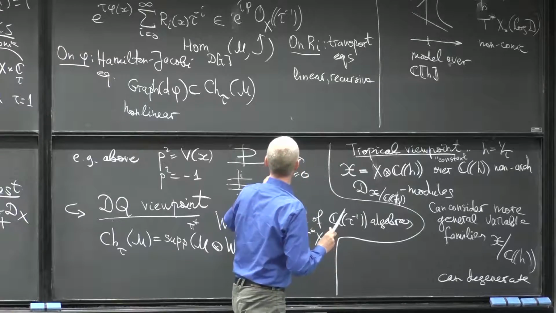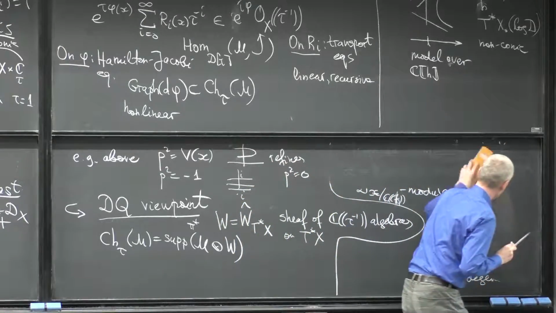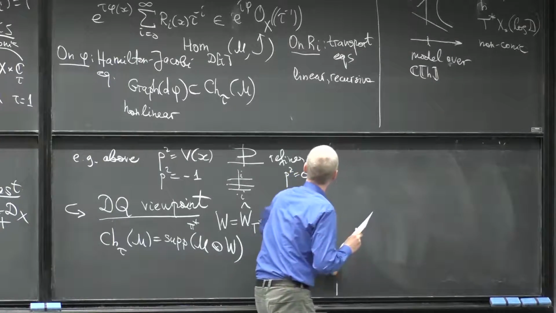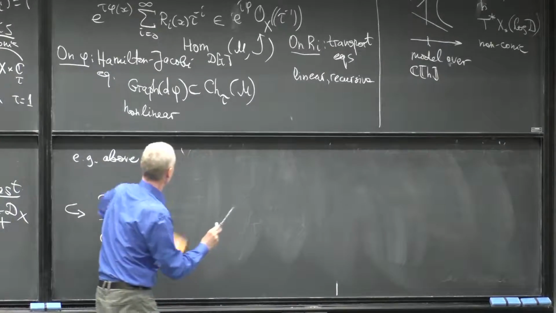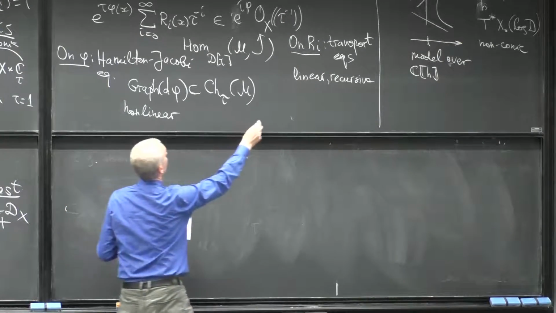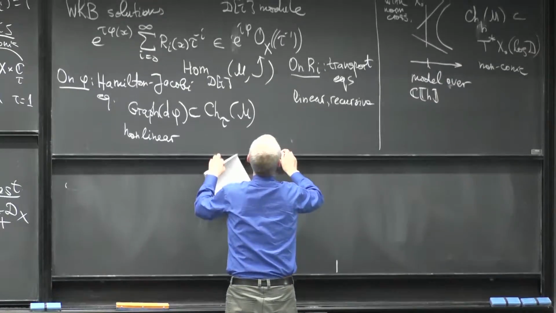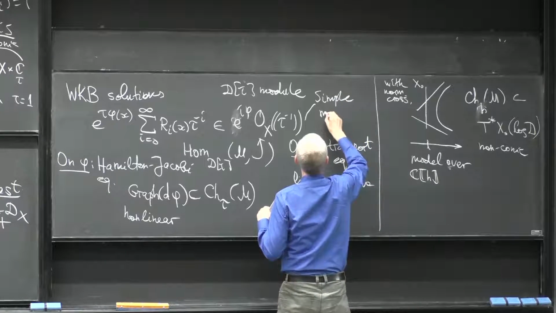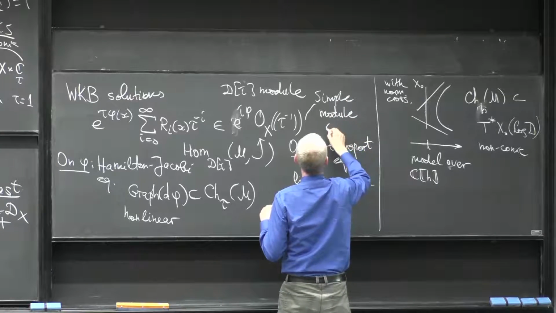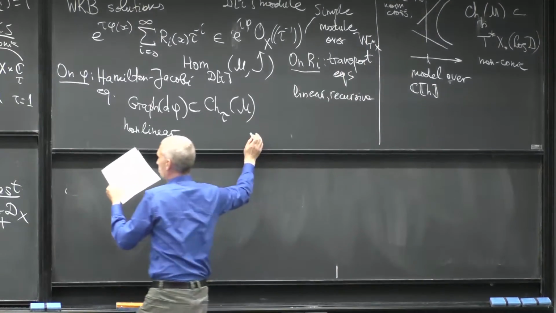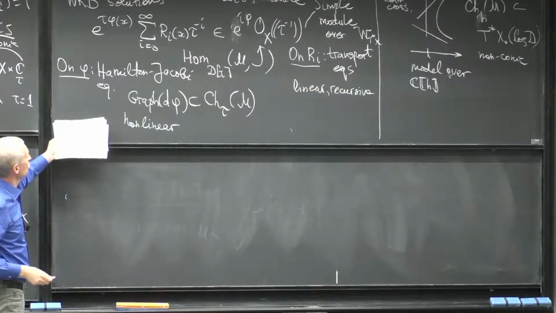Now, from the deformation quantization point of view, this expression is simply an irreducible or simple module over this sheaf W, whose support is on the Lagrangian variety.